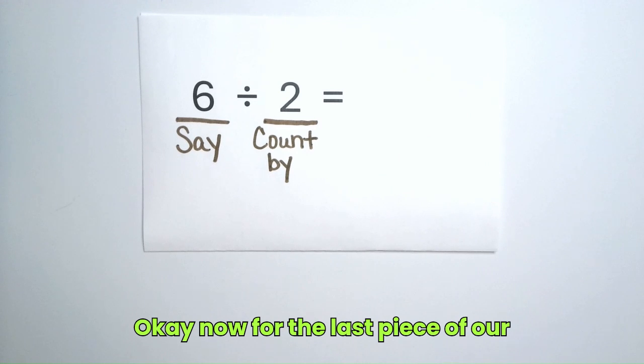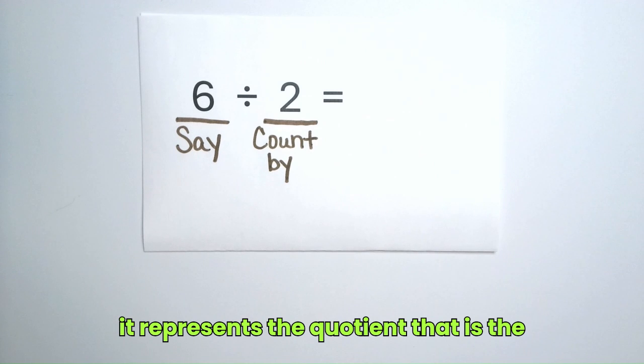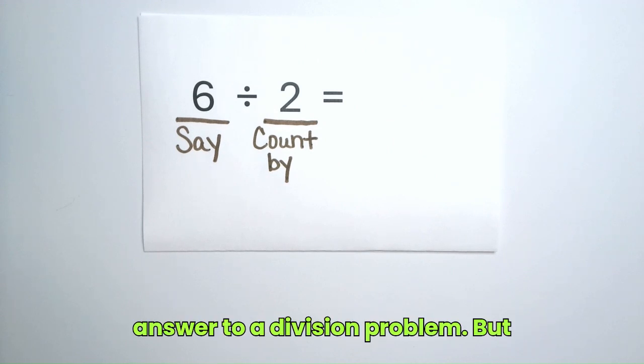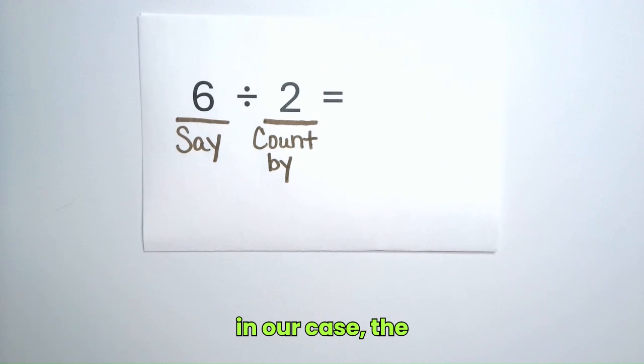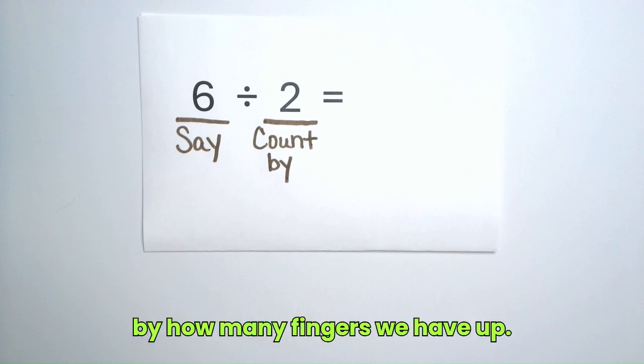Okay, now for the last piece of our division problem. As we talked about, it represents the quotient. That is the answer to a division problem. But in our case, the quotient is going to be represented by how many fingers we have up.